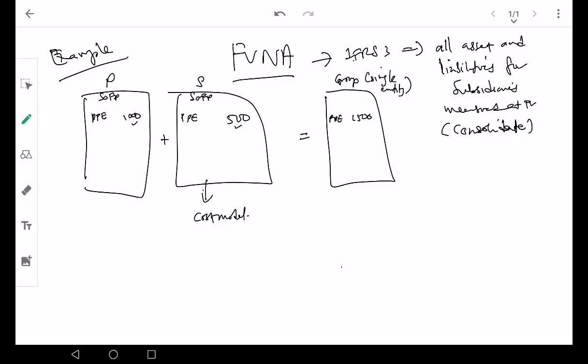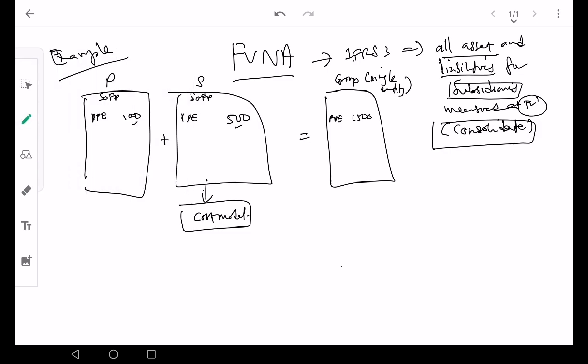But you have to remember, because of using a cost model, when you want to do consolidation, all assets and liabilities must be measured at fair value. You see, at fair value. So once you have measured at fair value, you realize the value will be 1,300, the fair value of the land or buildings.